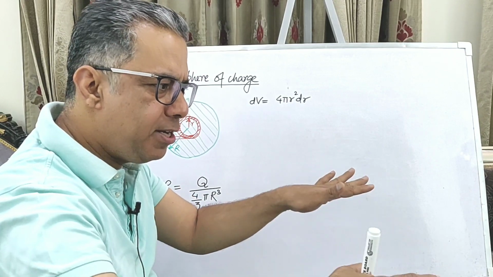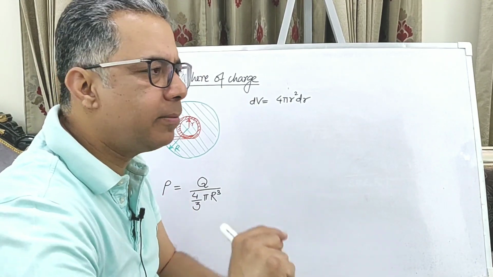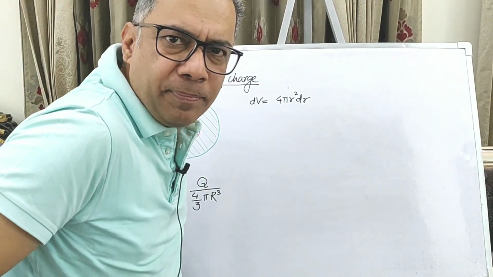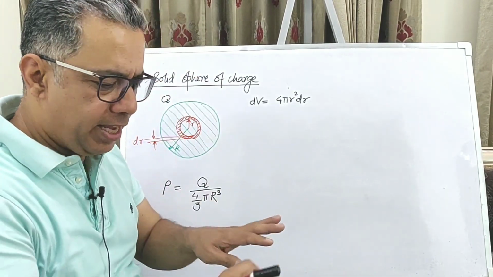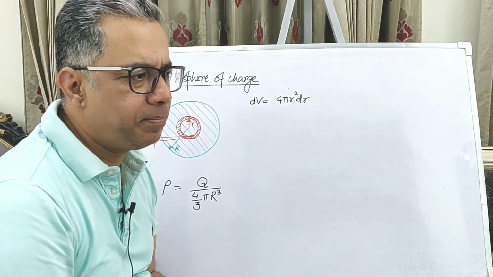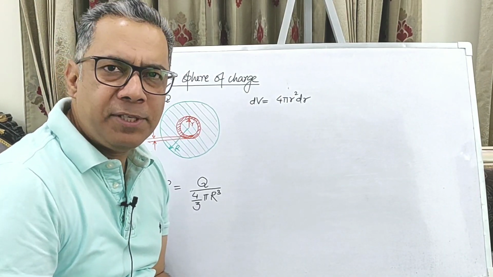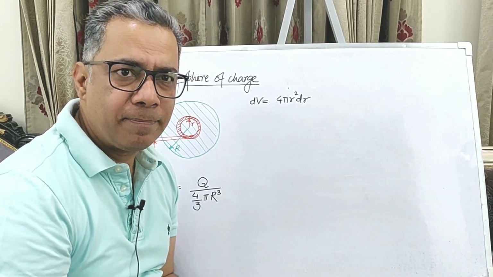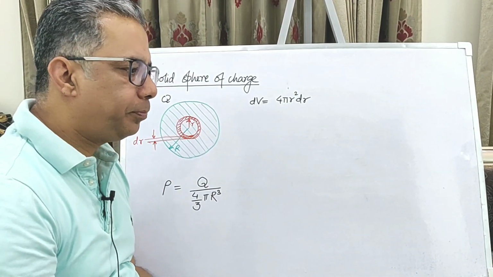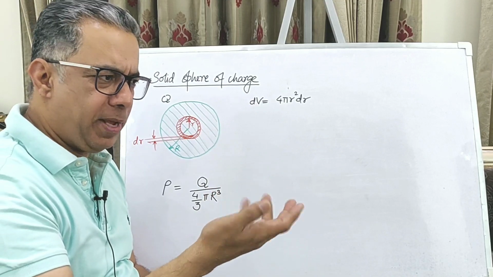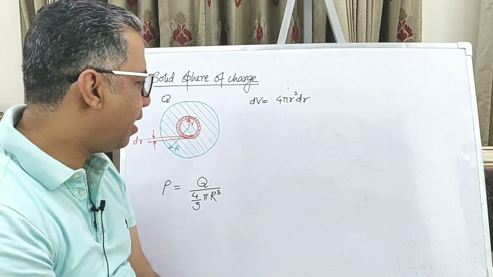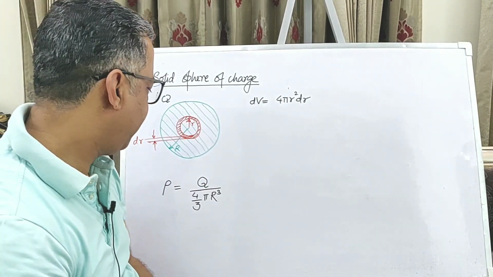As you flatten it up, it becomes a plain sheet having an area 4 pi r square and a thickness dr. The volume therefore would be area times that thickness, so 4 pi r square dr would be the volume.